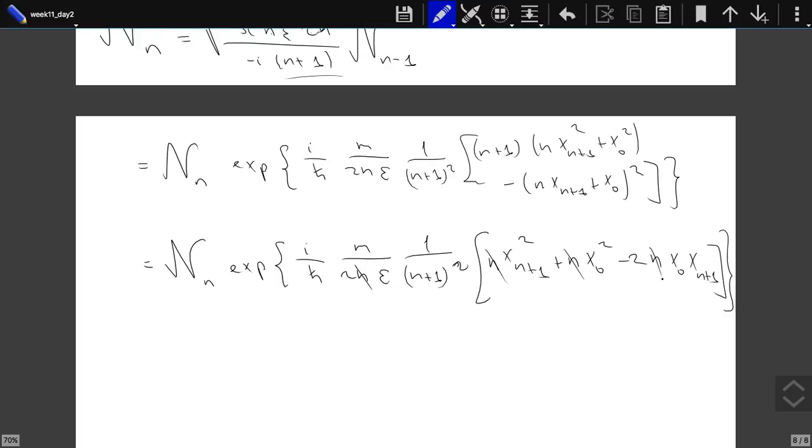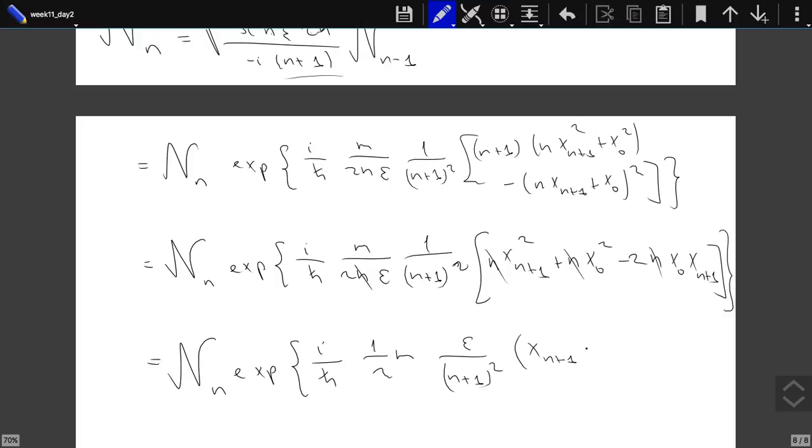And what we will be left with is the normalization exponent i over h bar, one over 2m, epsilon over n plus 1 squared, times x_{n+1} minus x0 over epsilon, all of this thing squared.